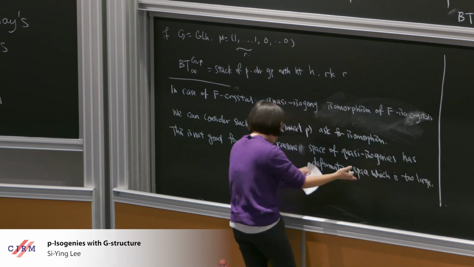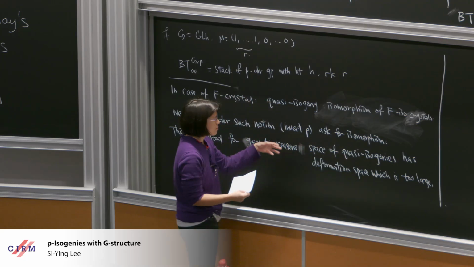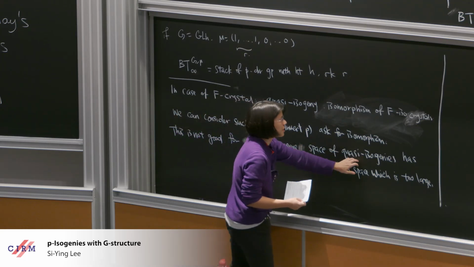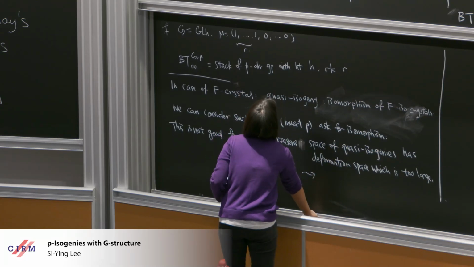And in particular, this too-largeness means that you can't attack questions about representability just by thinking about the quasi-isogeny.